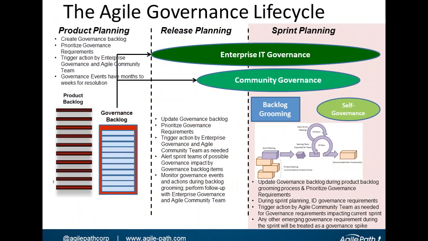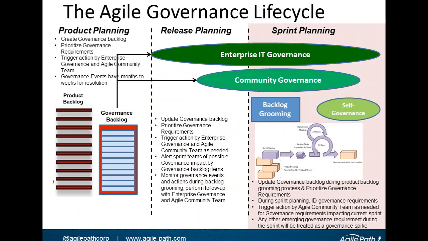What we also do during release planning, though, is we give the sprint teams a heads up that there may be a governance impact that's being addressed already, but they need to just be aware that there may be a governance impact. So everyone's watching out for the governance implications of the work that they're doing.